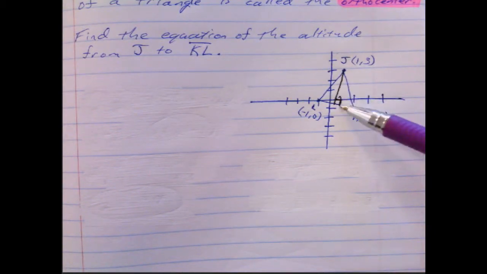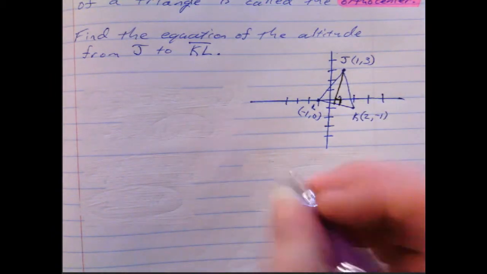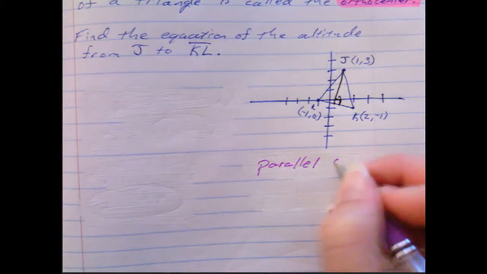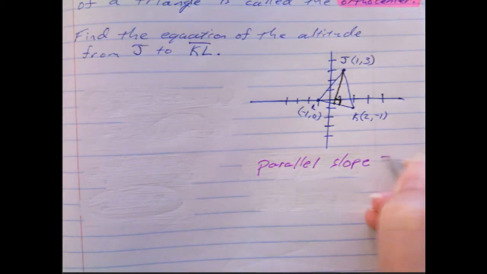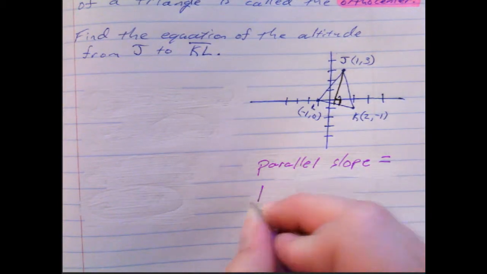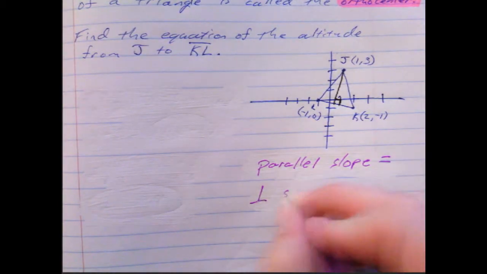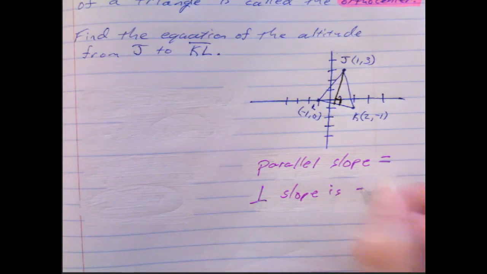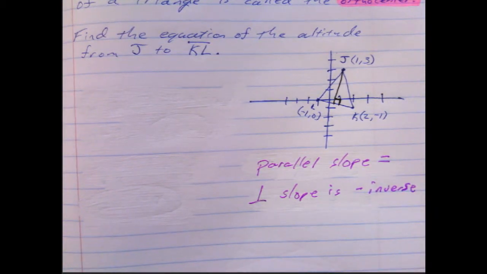So that's why we have this little box here from J down here to KL. So the first thing we've got to do is we've got to remember if they're parallel, slope is equal. If they're perpendicular, slope is negative inverse.